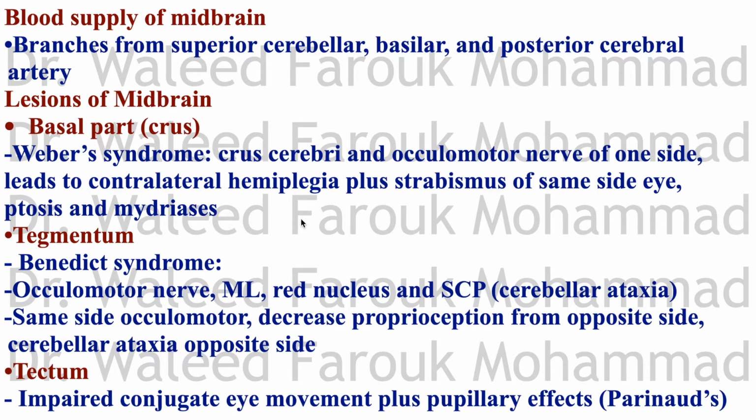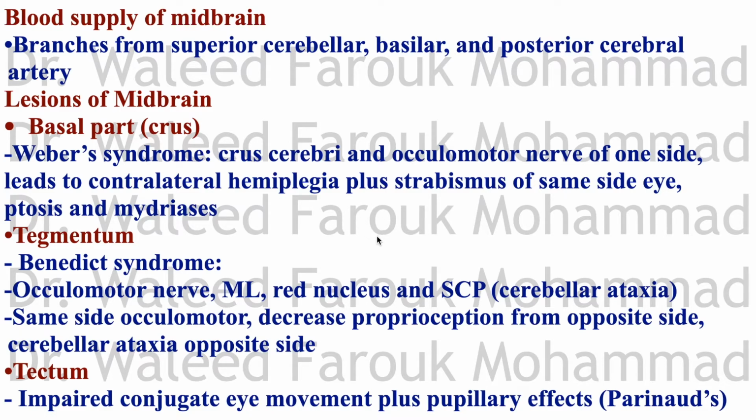And because of loss of the parasympathetic tone of the pupils, there will be dilated pupils, called mydriasis. So we have a contralateral hemiplegia, the ipsilateral ptosis, strabismus, and mydriasis.